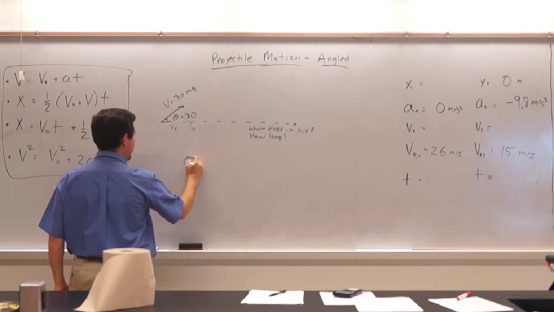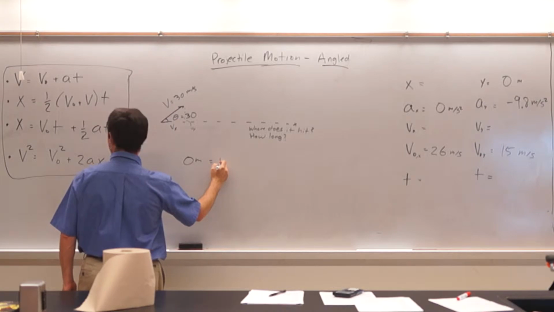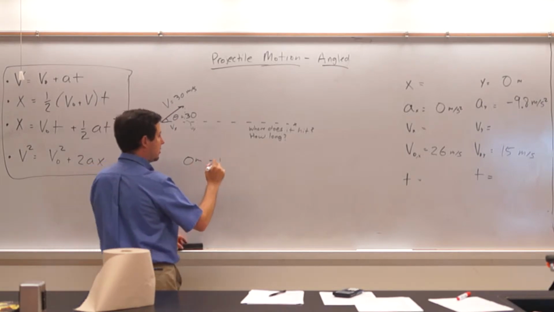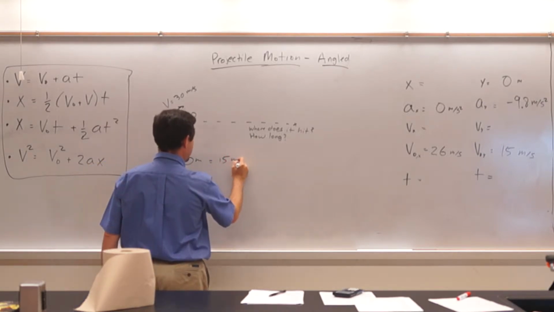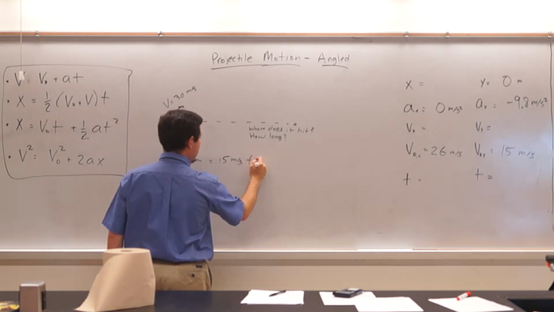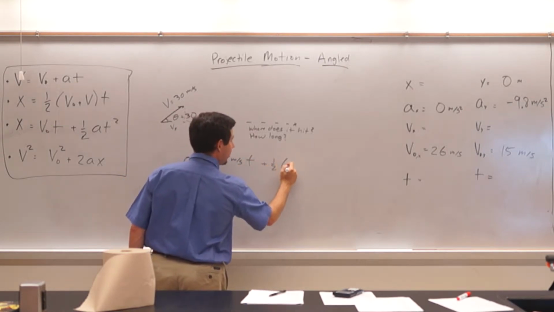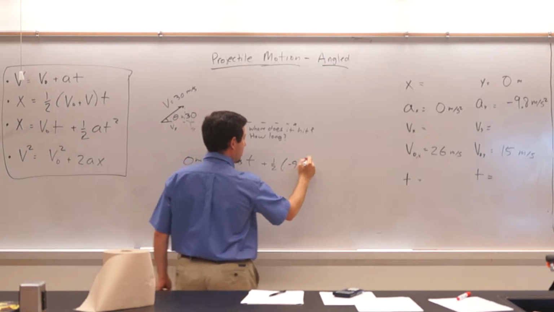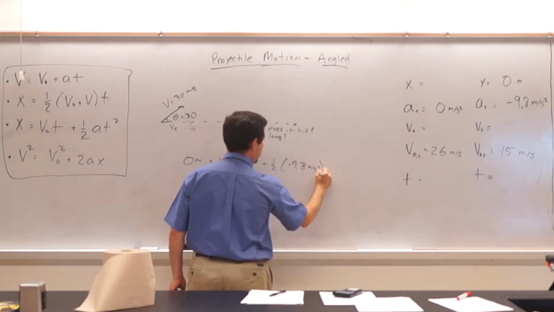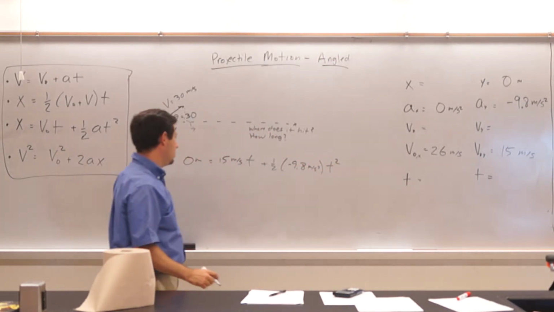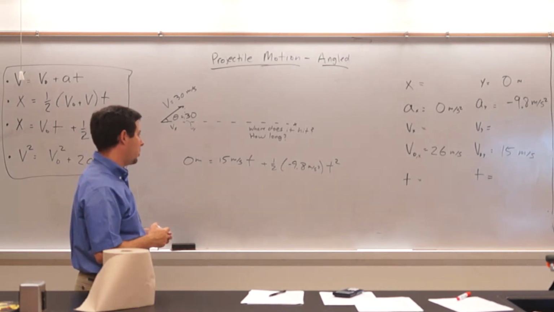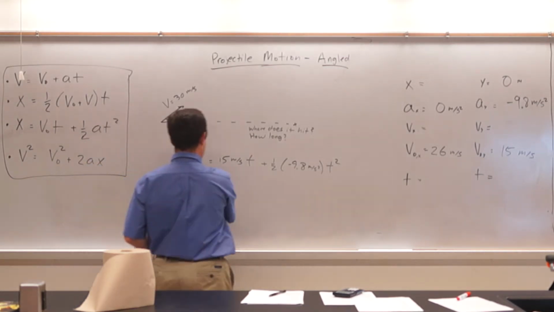If you said 0 meters, Y, is equal to V naught, 15 meters per second times T plus 1/2 negative 9.8 meters per second squared times T squared. And you don't want to mess with the quadratic equation, so there are easier ways to do it.